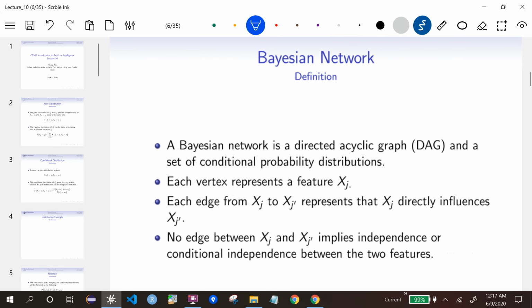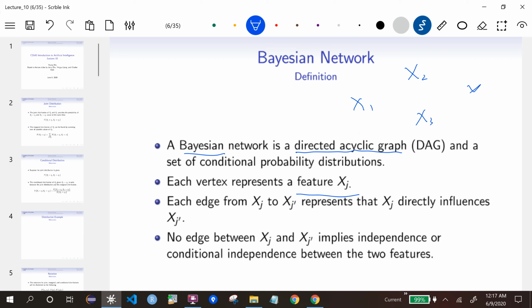Okay, so now let's talk about how to build a network based on these probabilities. A Bayesian network, some people call it a Bayesian network. I don't actually know how to pronounce this. I will just call it Bayesian network. It's basically a directed acyclic graph that captures the relationship between the features. So we have a bunch of features, say x1, x2, and x3.